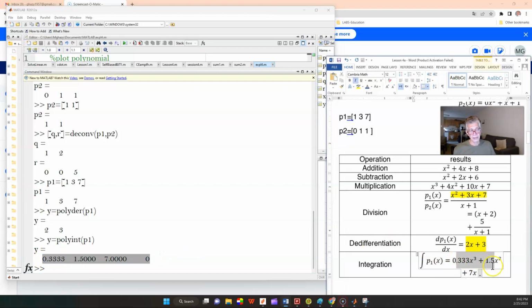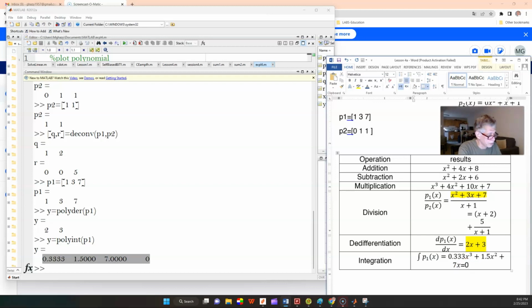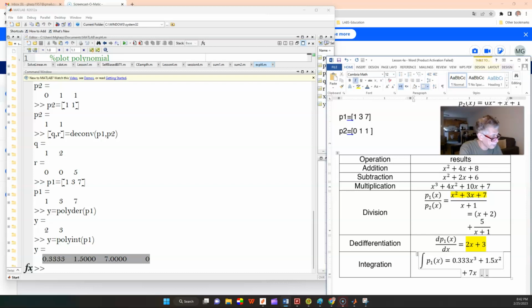That's exactly the same. That's 0.33x to the power 3, 1.5x squared, 7x, and no constant term, because the last term here is 7x. If you want a constant term, you can just add 0. That will be the result, right?